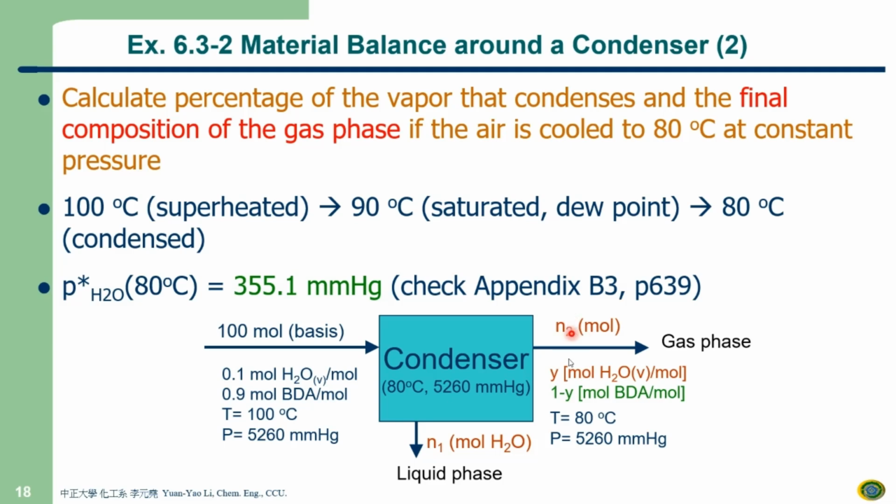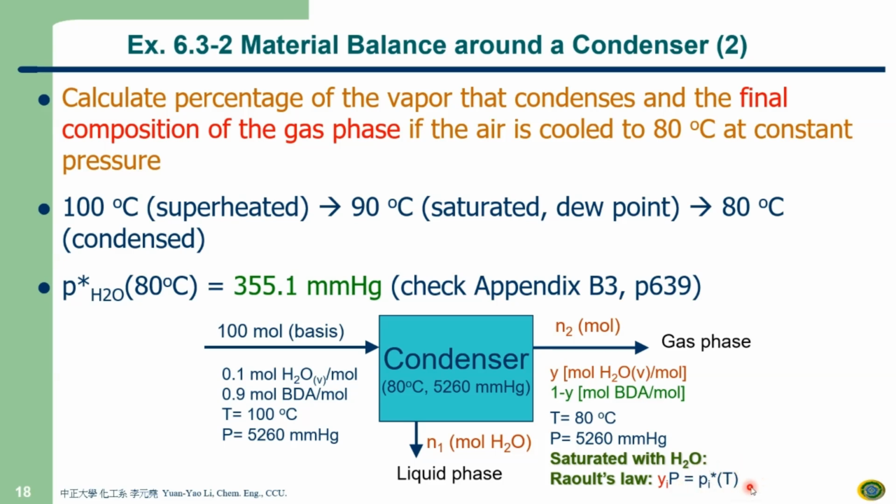And then you need to find these 3 unknowns according to the mass balance. But don't forget you have a specification to use, which is Raoult's law or Dalton's law, right? Saturated water means you use Raoult's law. This is saturated, an equilibrium, thermodynamic. So you know the relationship between y and the total pressure and the saturated pressure of the water.